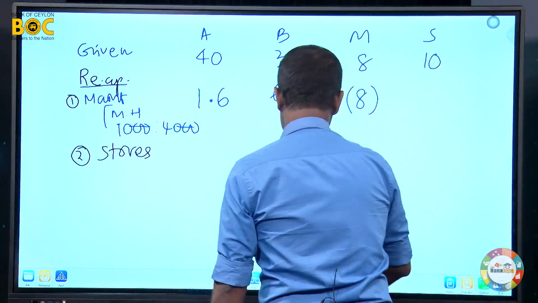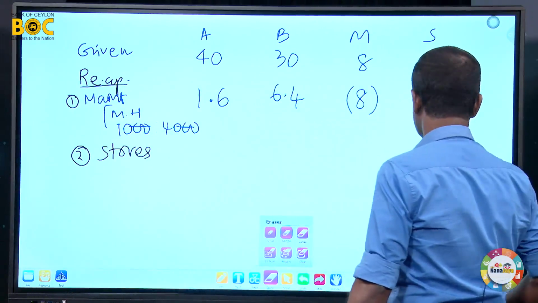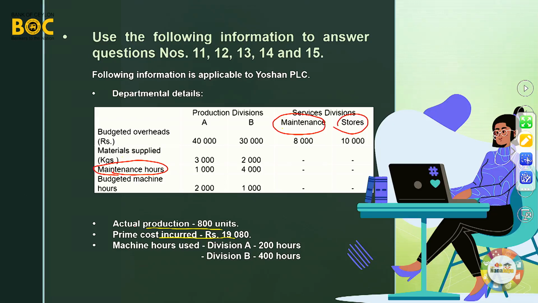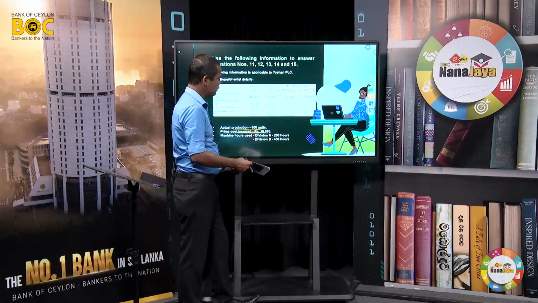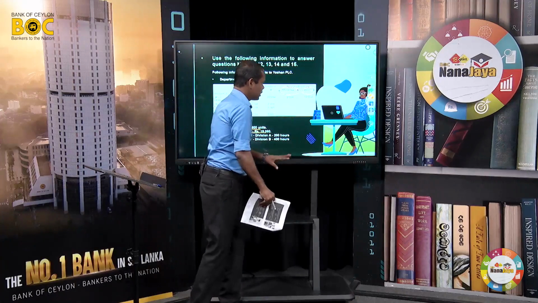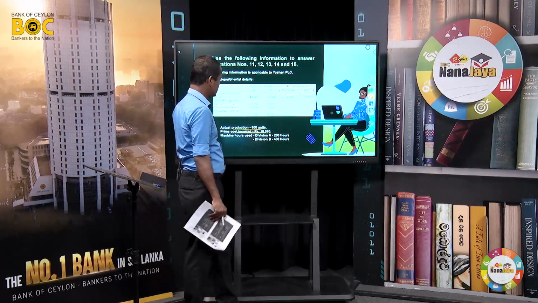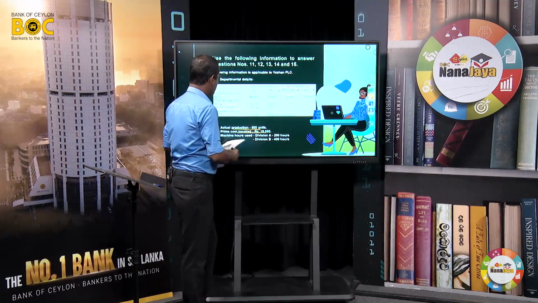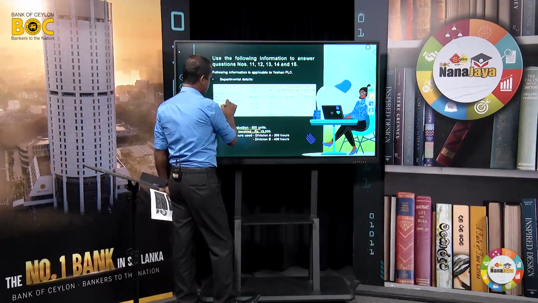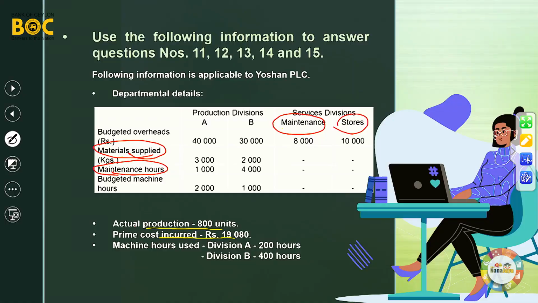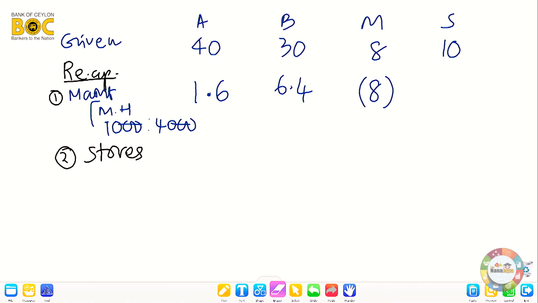This service department is stores. What do the stores do? The stores supply materials to the production departments. When the production department wants materials, it has to inform the stores to issue materials. Then you can use materials supplied as the basis.